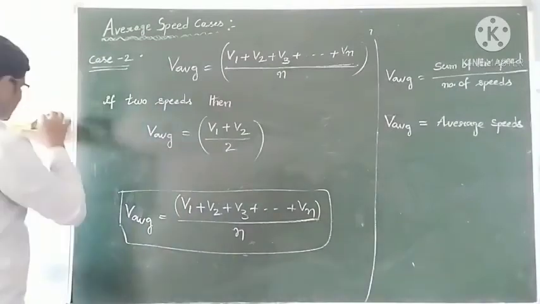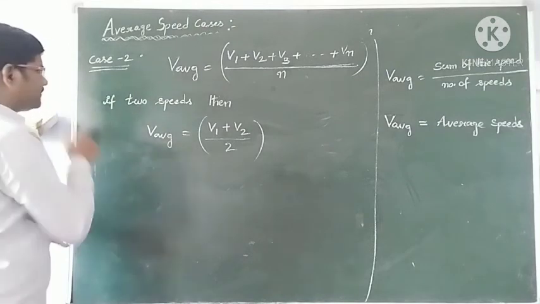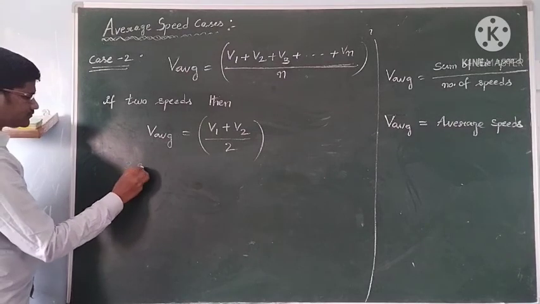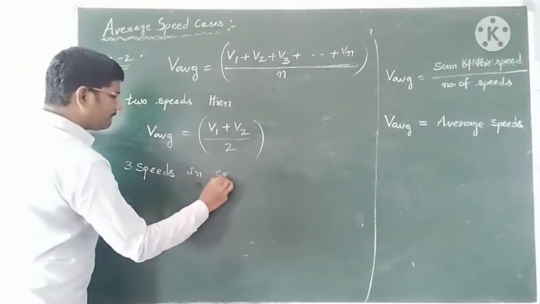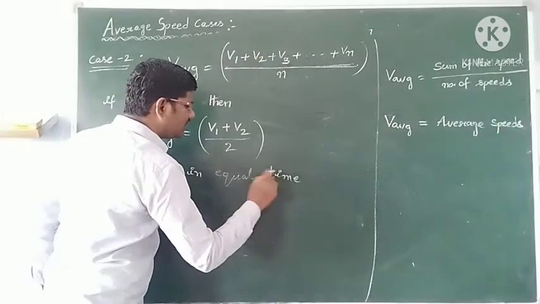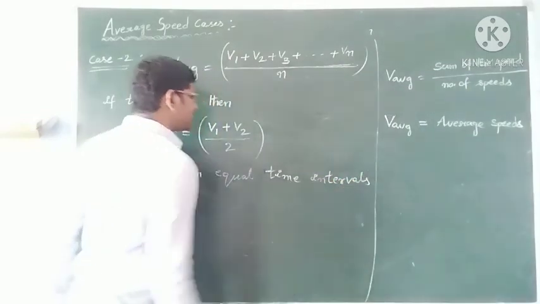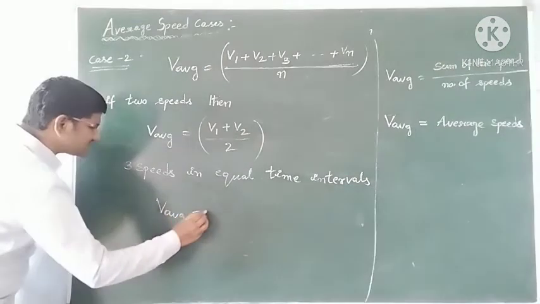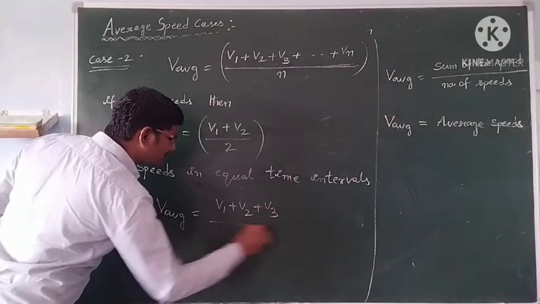Simply it will become the average. Similarly, if three speeds are there in equal time intervals, then V average is equal to V1 plus V2 plus V3 by 3.